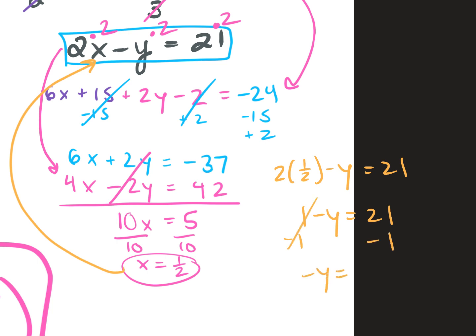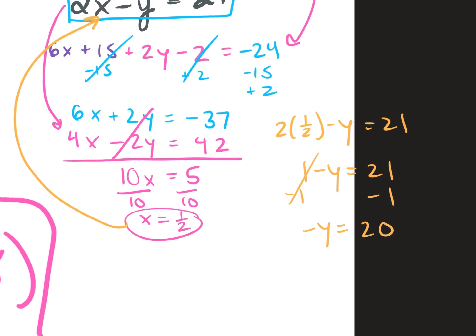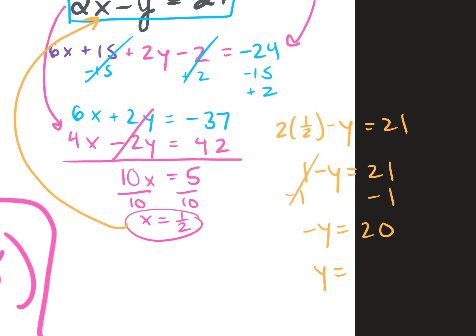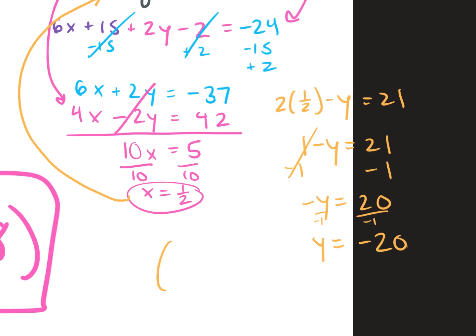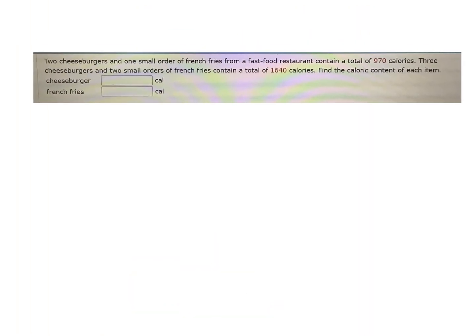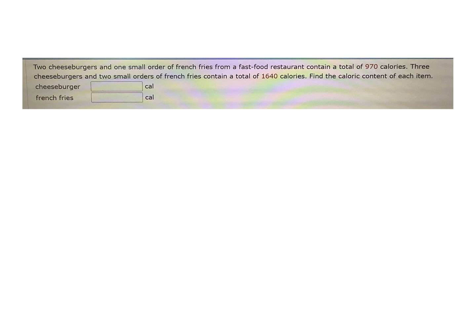So negative y is equal to 20. So y is equal to negative 20. You can divide both sides by negative 1 or multiply by negative 1 or just flip the sign. So y is equal to negative 20. How would I write my answer? 1/2, negative 20. Awesome.